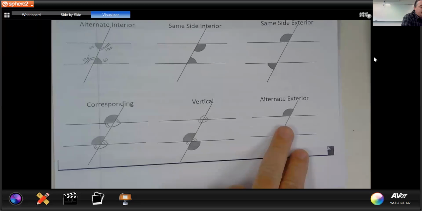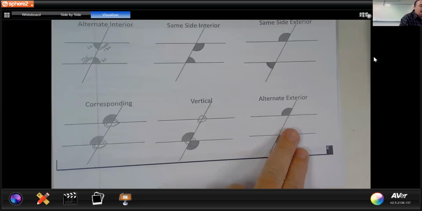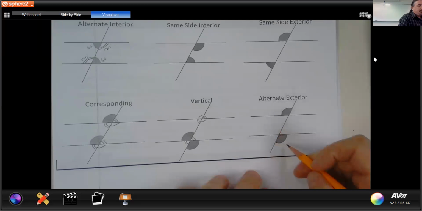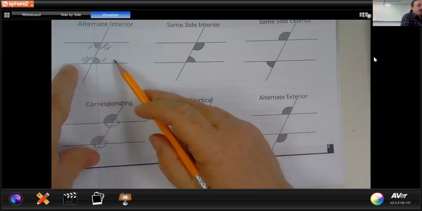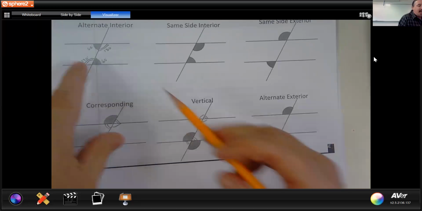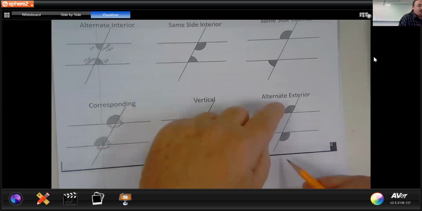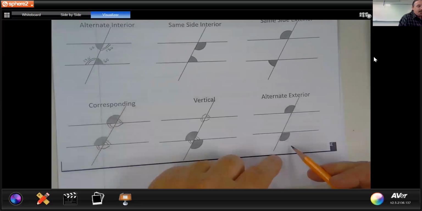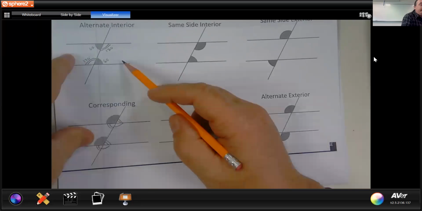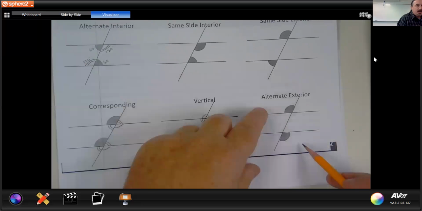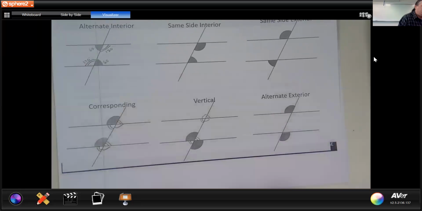Last set of congruent angles are alternate exterior angles. Similar to the alternate interior angles, these exist outside of the parallel lines, and they're on either side of the transversal. So that's the big difference. Alternate interior are inside the parallel lines, alternate exterior are outside the parallel lines.